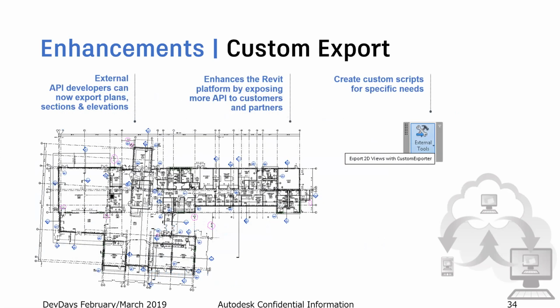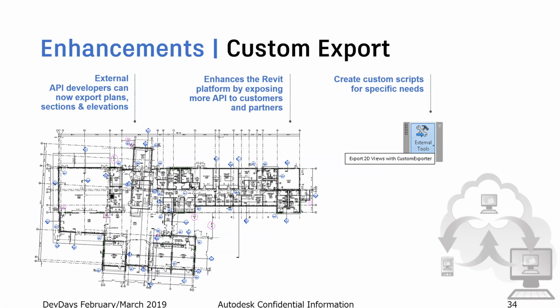Another really powerful tool: we've had a lot of usage of 3D custom export for 3D views. And this is the API that allows you to plug in directly into Revit's graphics system as it's outputting and drawing to the screen. So you get a representation of exactly what Revit sees returned to you through an interface that you can override.